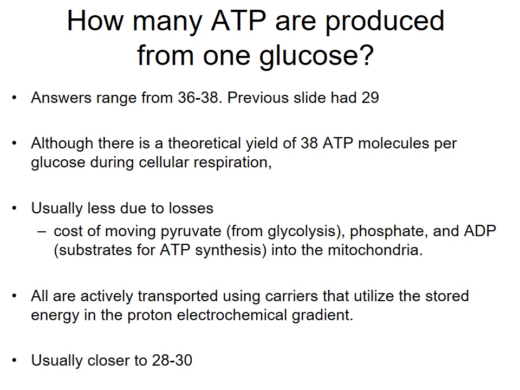All of these substances are actively transported across membranes using carriers that utilize stored energy and the electrochemical gradient. So realistically, the number of ATPs that are produced from one glucose ranges between 28 and 30 after all 4 stages of cellular respiration have been completed.